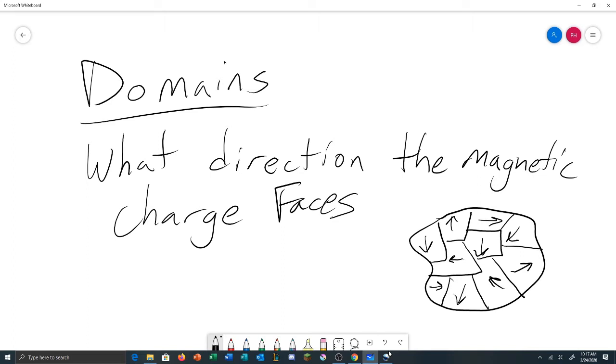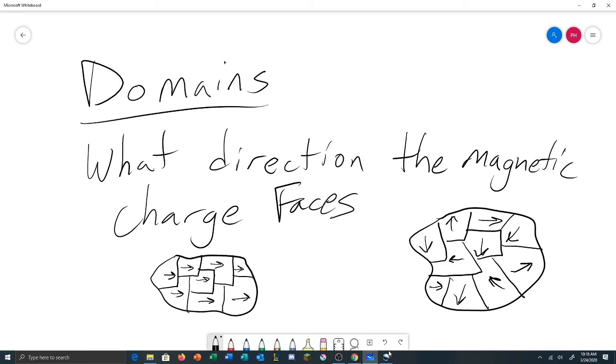Meanwhile, if you took another piece of iron with all these domains in it, and every single one was facing in the same direction, well, you have yourself a magnet.